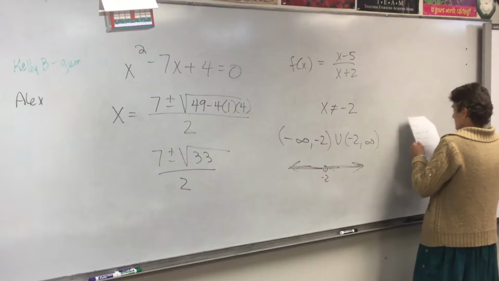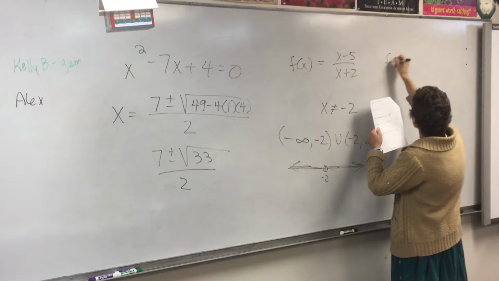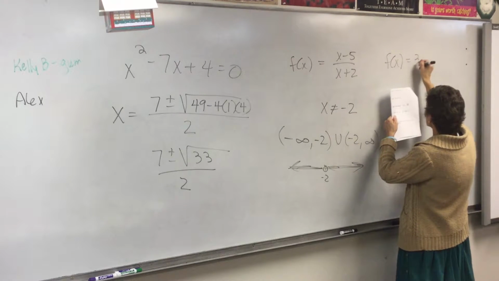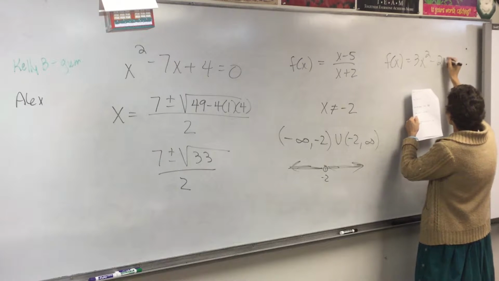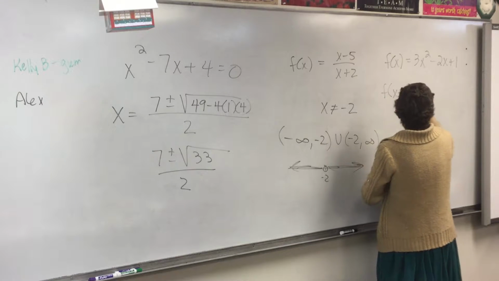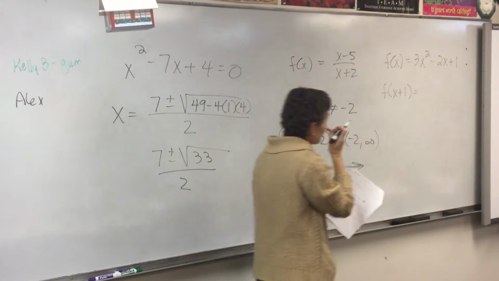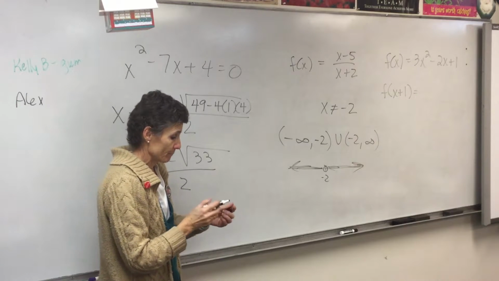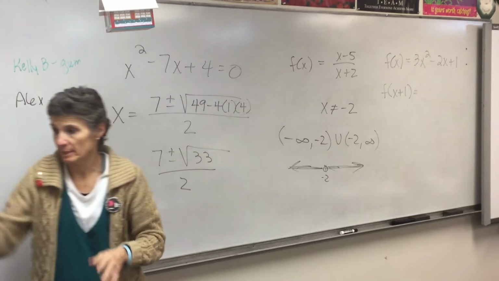Let's see, next. Given this function, how do we evaluate f of x plus 1? How do we figure out f of x plus 1? Eric? Plug in x plus 1. Exactly.